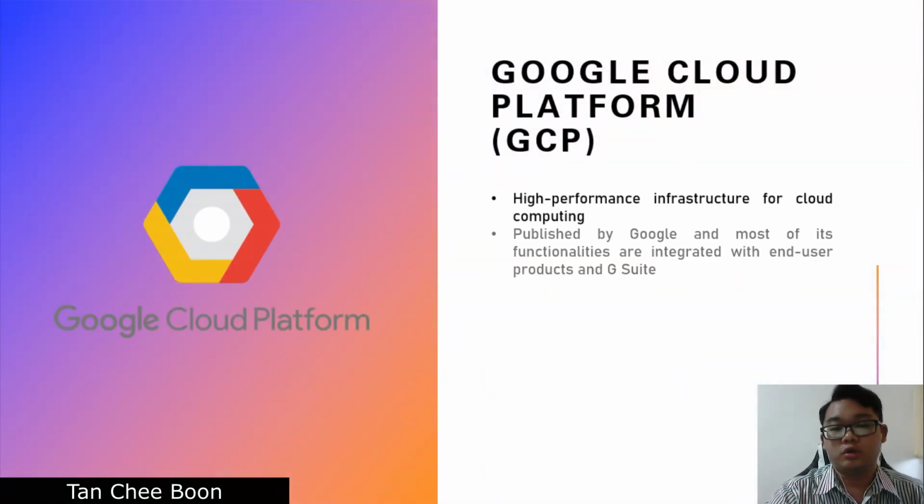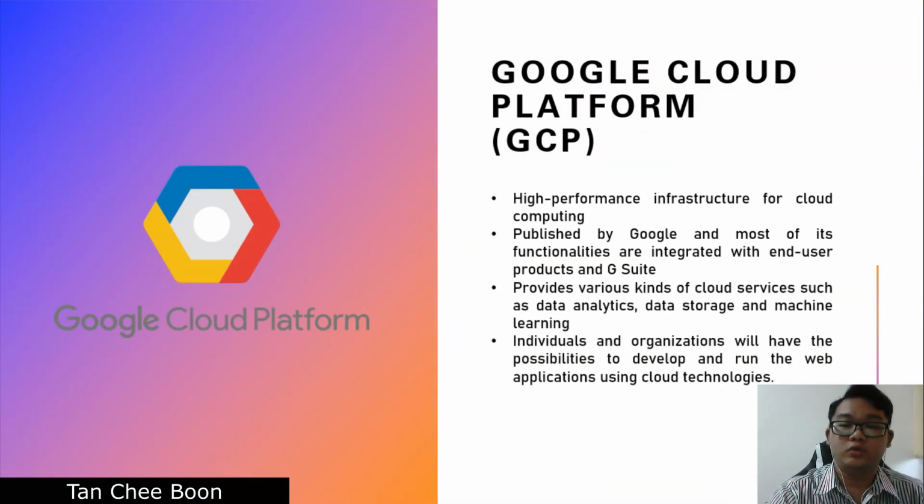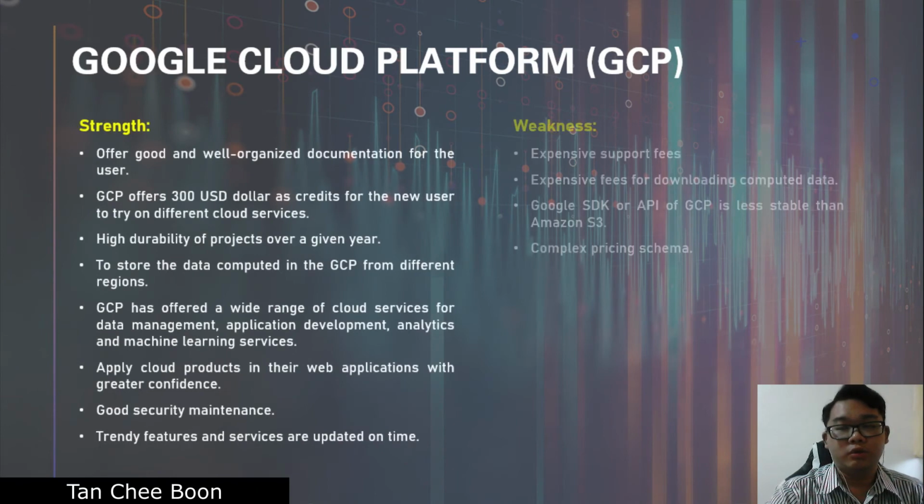And now I'll introduce the Google Cloud Platform, in short GCP. GCP is a high performance infrastructure for cloud computing, and this platform is published by Google, and it also provides various services to the user. And there are some strengths and weaknesses of GCP.